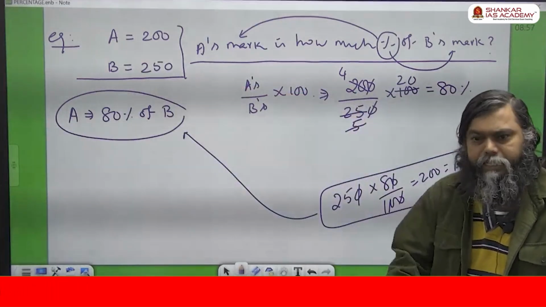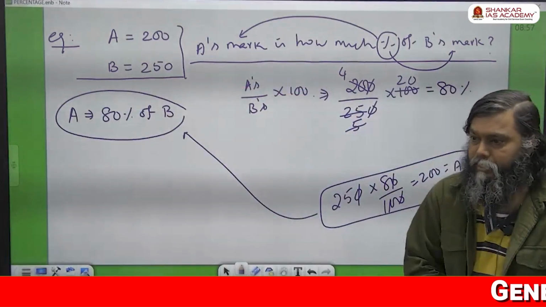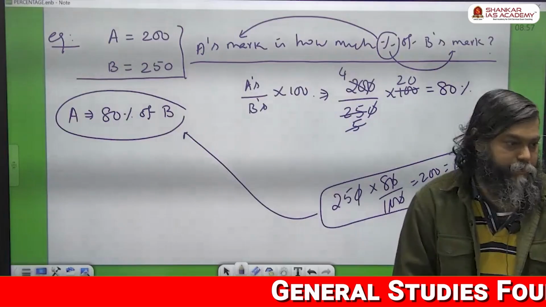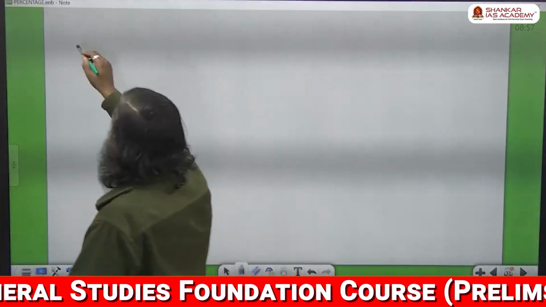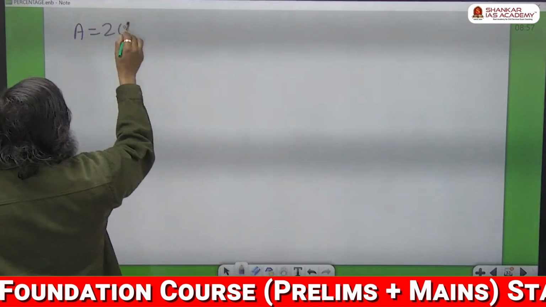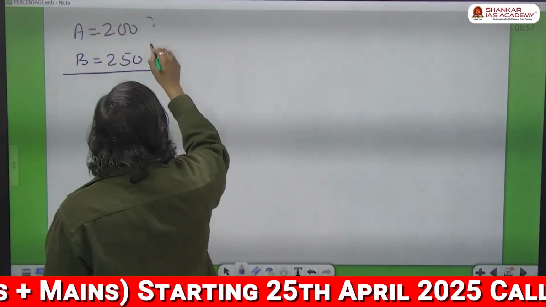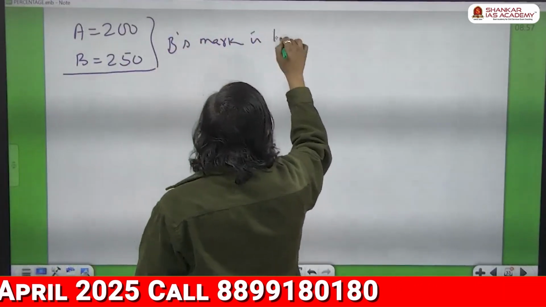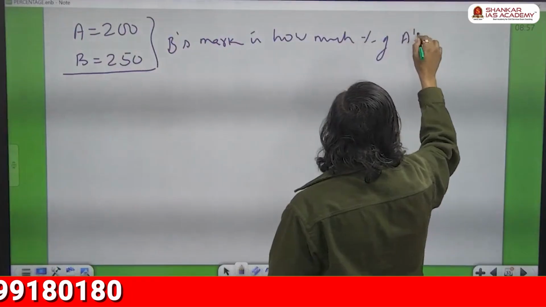Whose percentage is 80%? A is 80%. 80% of what? B. Do you understand this, boss? Does everybody understand? Now see here next. A scored 200, B scored 250. Okay, boss. Now the question asked: B's mark is how much percent of A's mark?